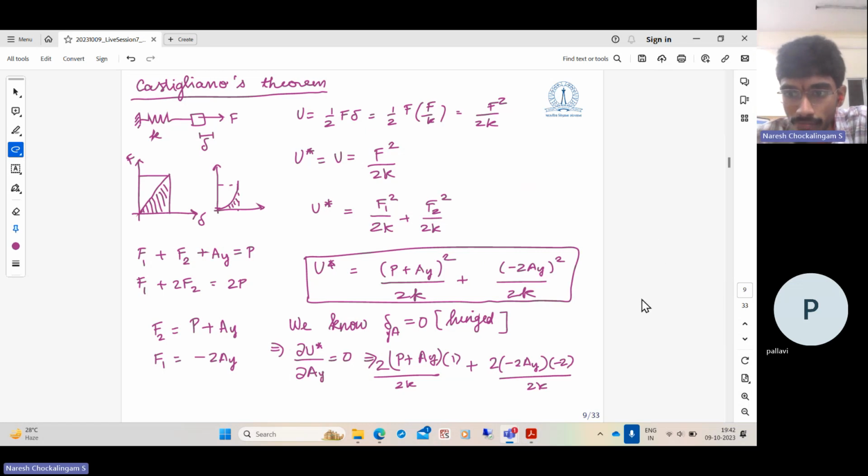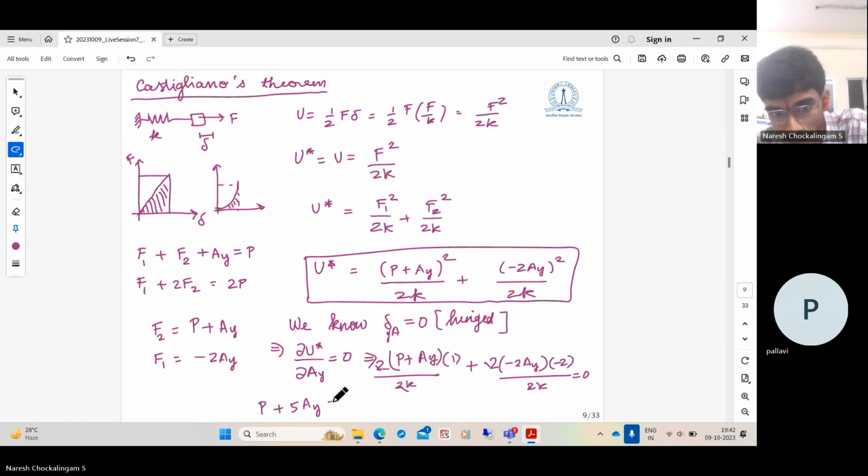This should be equal to 0. So what does this result in? If you simplify, the 2 gets cancelled, you get P plus 5Ay equal to 0, which means Ay is equal to minus P by 5.